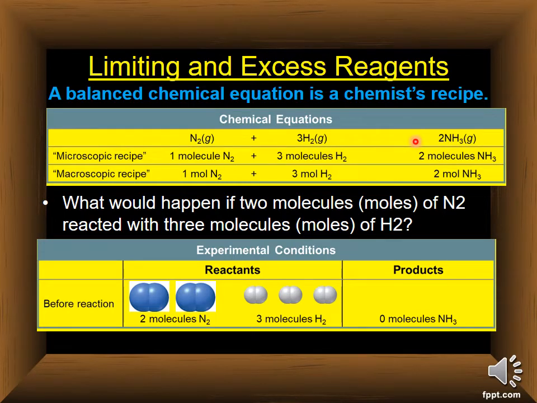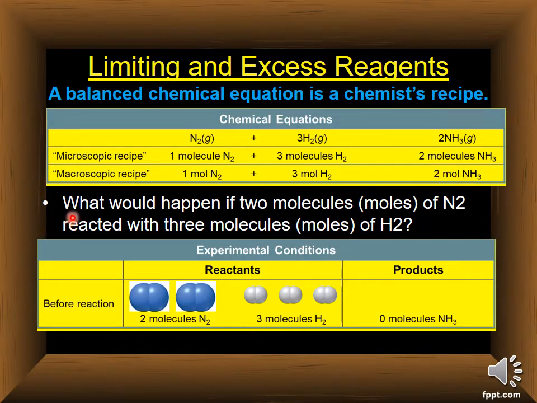This is a balanced chemical equation, and by using it you know that 1 molecule of nitrogen and 3 molecules of hydrogen combine to produce 2 molecules of ammonia, or you can say 1 mole of nitrogen adds up with 3 moles of hydrogen and gives you 2 moles of ammonia.